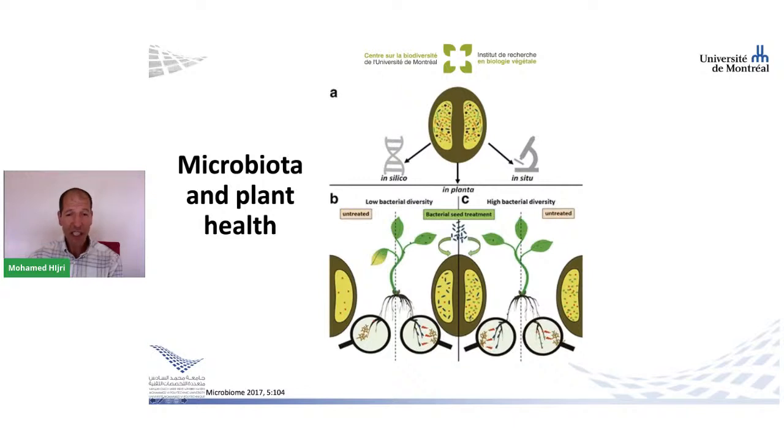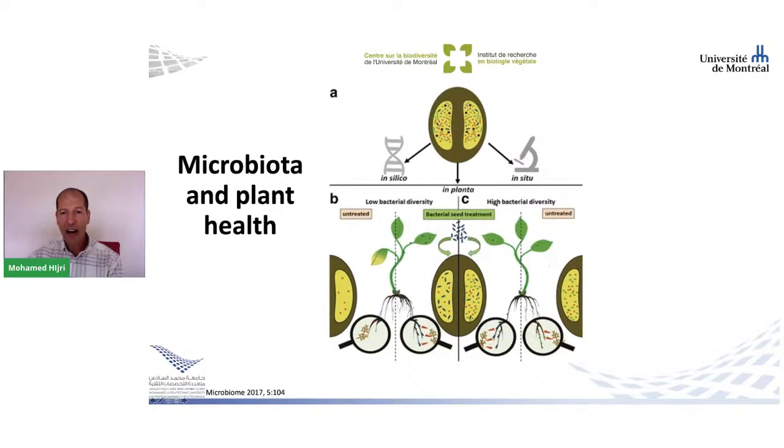Interestingly, the authors reported that when the microbial diversity gets lower, the plants become vulnerable to pathogen attacks. And the same is true in reverse: the same plants, when treated with bacteria, are more tolerant to pathogen attacks.